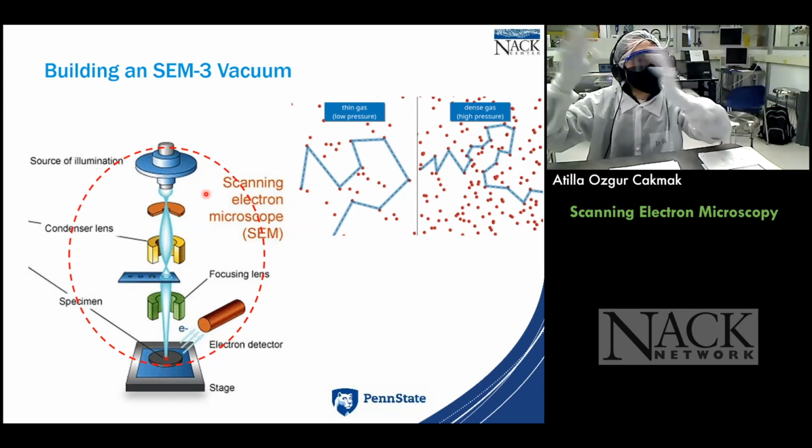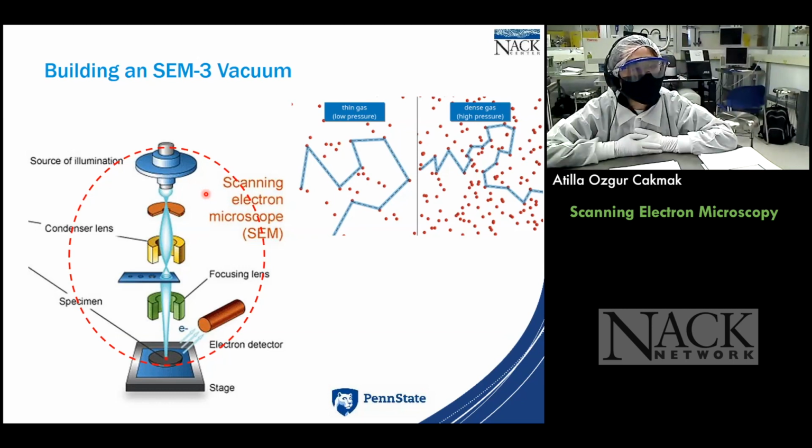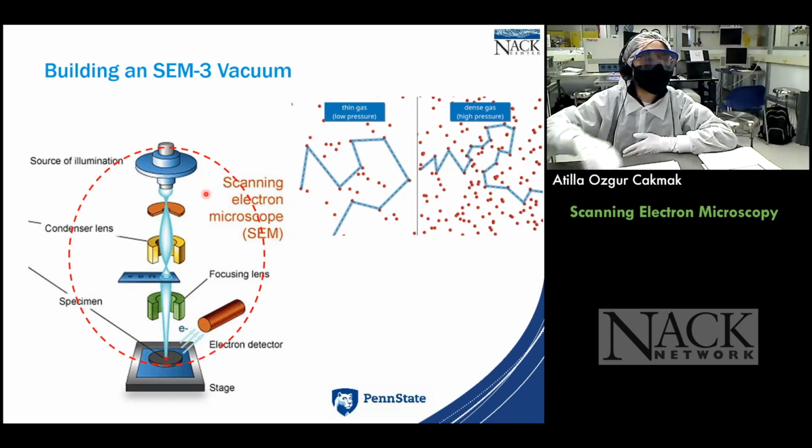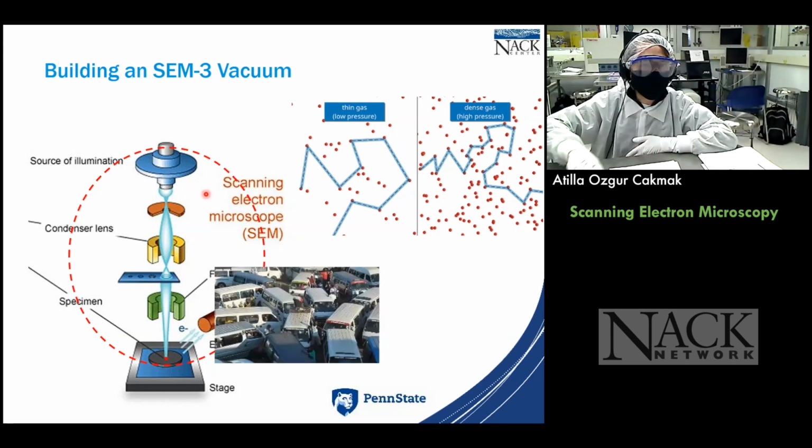But let's round it to 1,000. 1,000 torrs, 10 to the 3. Now I'm talking about 10 to the minus 10 torrs. We have a factor of 10 to the 13 reduction of the pressure, the ratio between your living room pressure and what's going on inside this electron microscope.